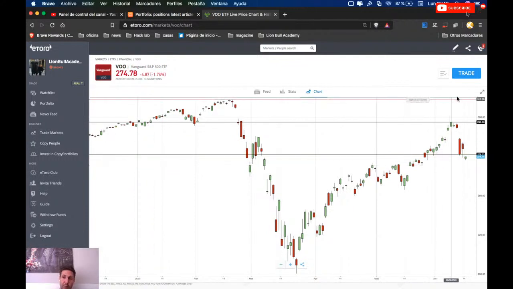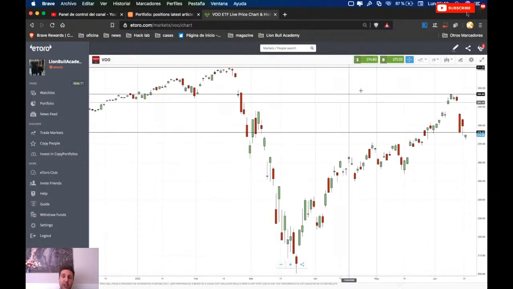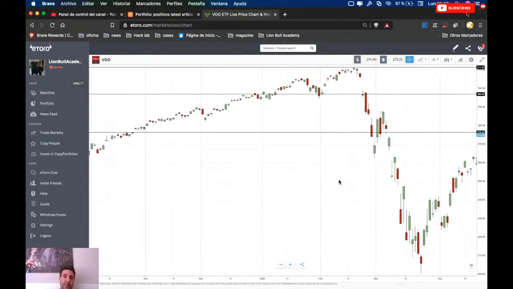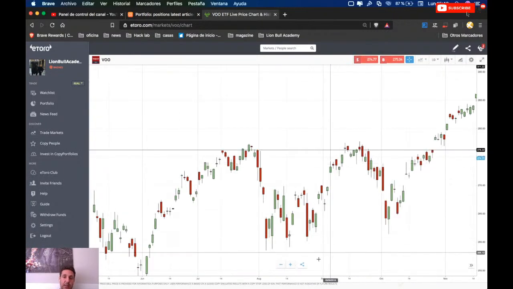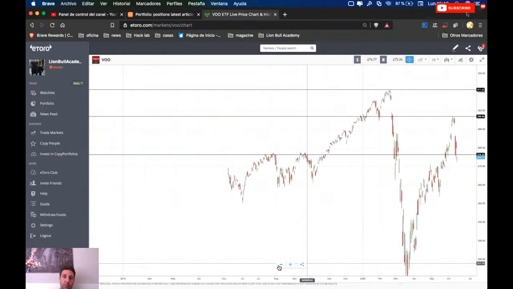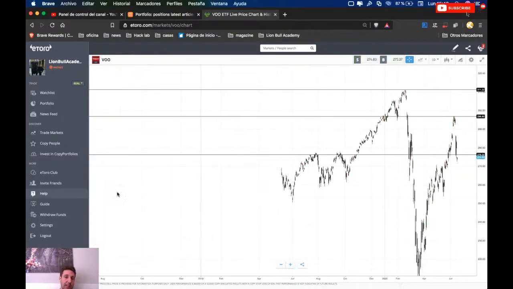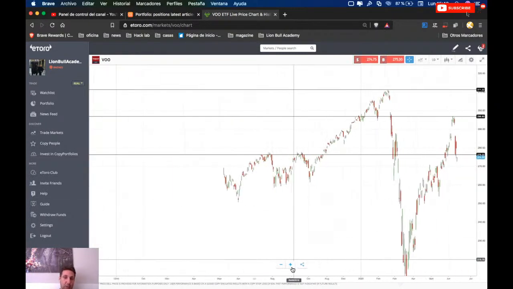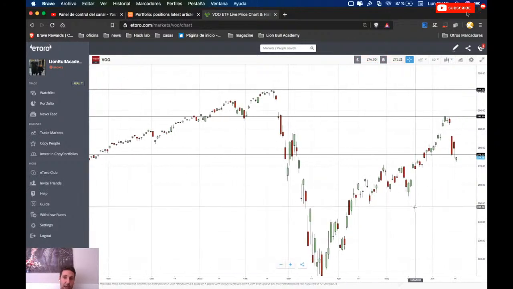Etoro really does not have a good chart graphicator because you have very few candles. You cannot see more than really two candles, so you cannot make a good analysis.